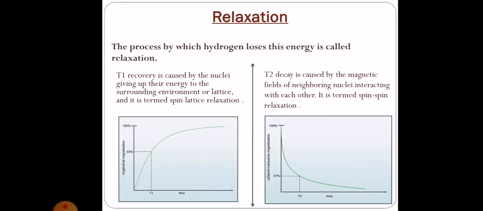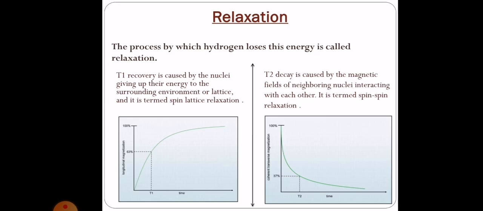So during relaxation, hydrogen nuclei give up absorbed radio frequency energy and the net magnetizing vector returns to magnetic field B0. The relaxation results in recovery of magnetization in the longitudinal plane and decay of the magnetization in the transverse plane.